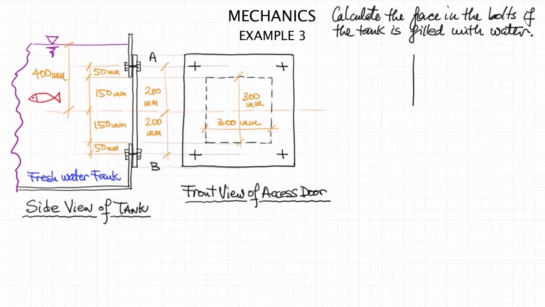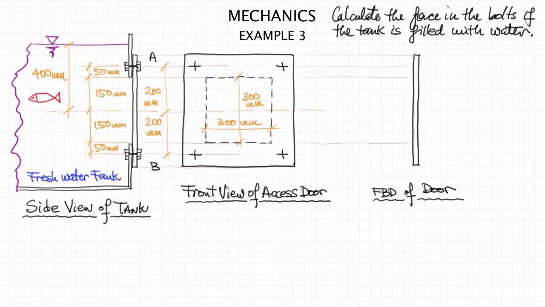In order to solve this question, we have to do a free body diagram of the access door. Of course, we have to cut the bolts in order to see the axial force in the bolts, and separate the door from the tank, and then draw all the forces: external forces due to the pressure of the water, and internal forces due to the axial forces in the bolts acting on the door.